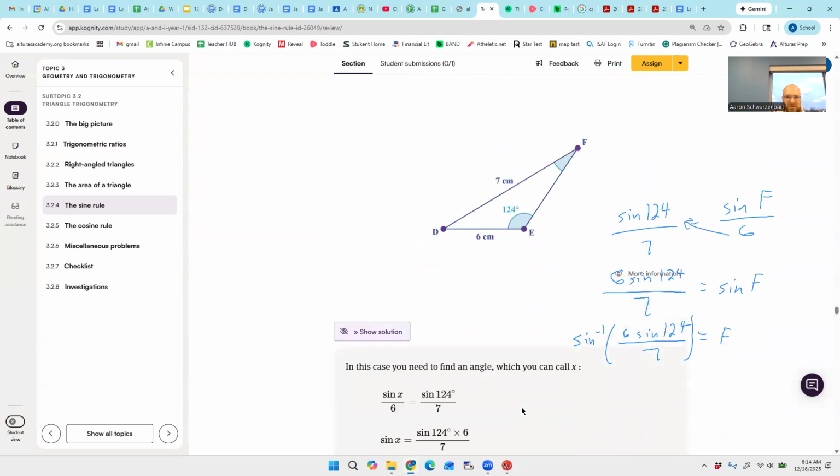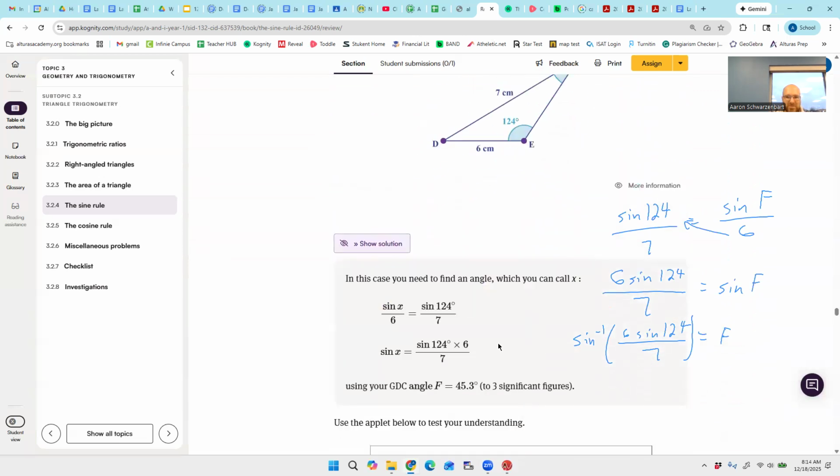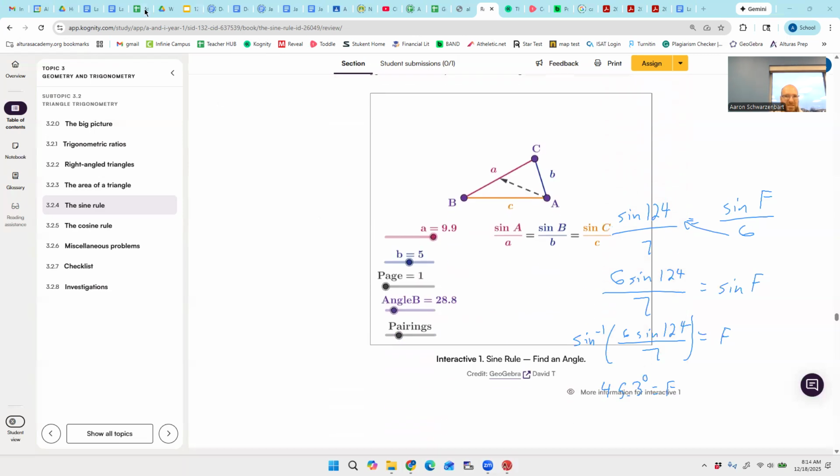And that equals 45.3. I don't like how they notated that, but you know. I think for triangles, your default is going to be degrees unless otherwise told. I think that's kind of the default for this class.